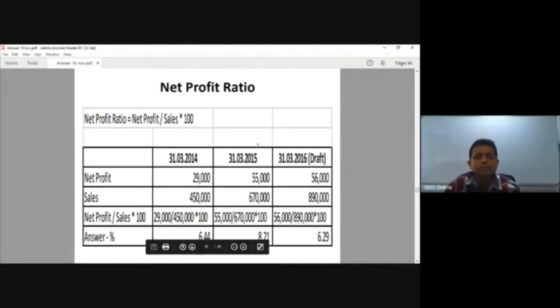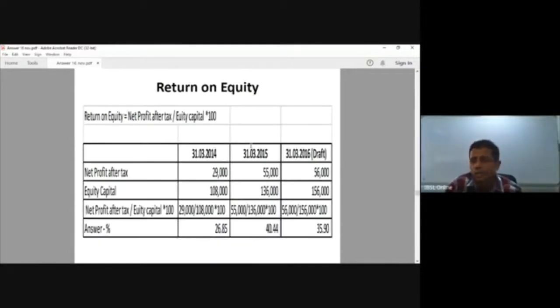Very straightforward. Then return on equity. Here also you have to take into account what the examiner proposed. Don't take any average balances, take the year-end balances, right? When we previously calculated the return on equity, in the previous question, we had to calculate the average of equity.